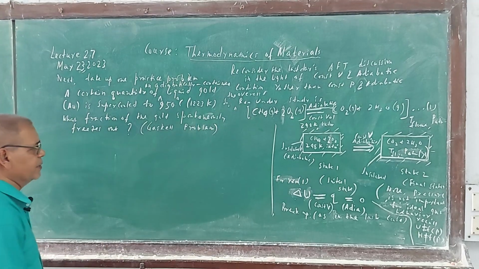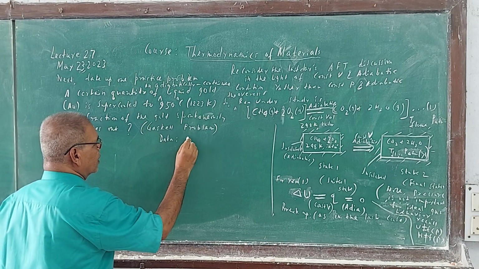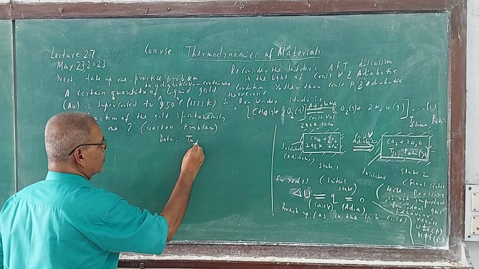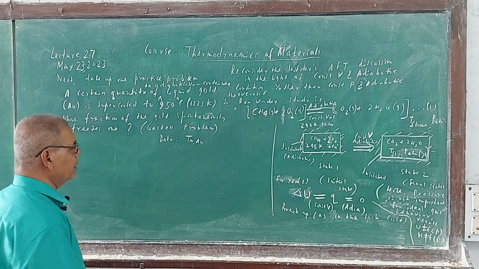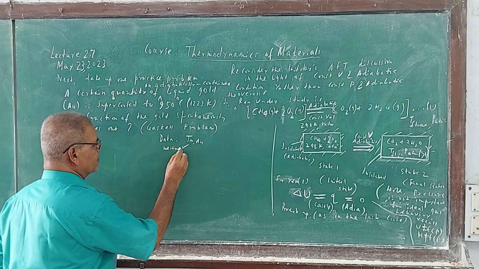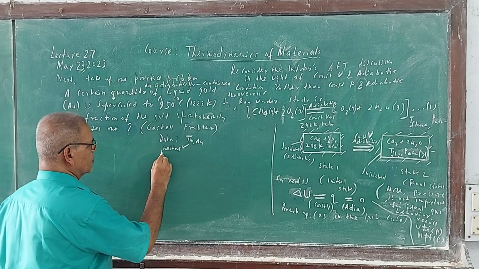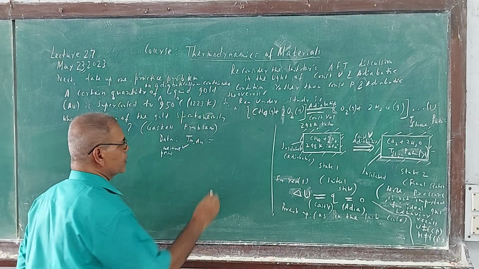Some data is given. Melting point of gold, M for melting. The melting point of gold is 1063 degrees centigrade.